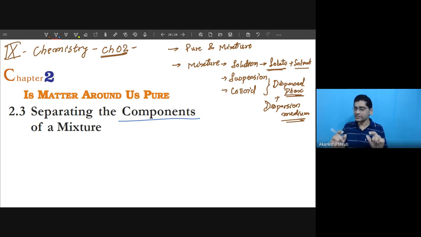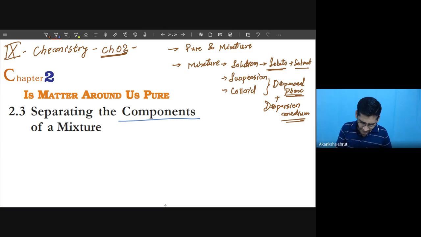In a mixture, these components do not combine chemically, otherwise they could form a compound which cannot be separated. So for the separation, what are the various techniques used, that we have to learn today.